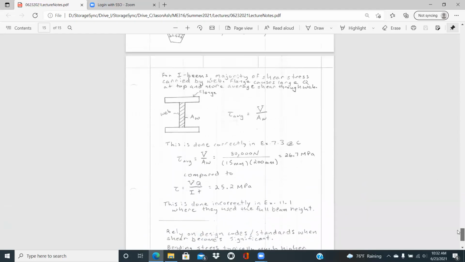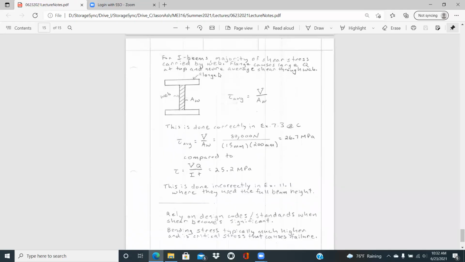And then finally, for the I-beam, again, the majority of the shear stress is carried by the web. Remember, the shear stress is 0 at the top and the bottom where the flanges are located. So it's going to increase a little bit through the flange, but then as you get more towards the neutral axis, the web is going to carry that.